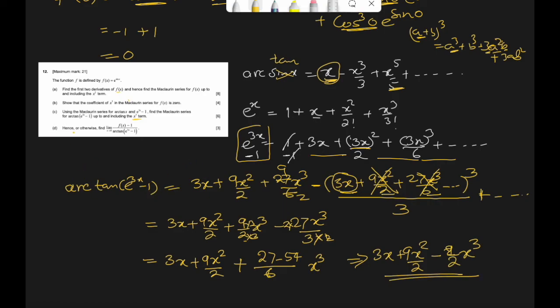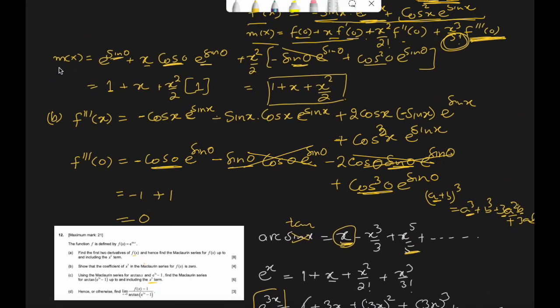What about the D part? Hence or otherwise, find the limit of f(x) minus 1. Okay, what was f(x)? f(x) was e to power sine x, which we wrote as a Maclaurin series earlier. Let's see what we got there: 1 plus x squared over 2. This is what we got in the Maclaurin series.